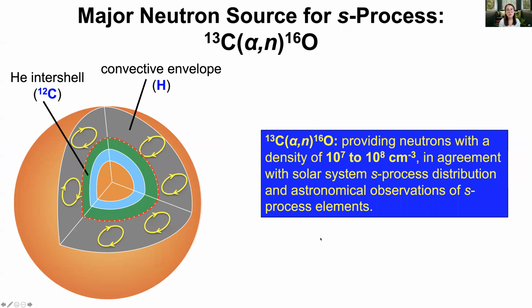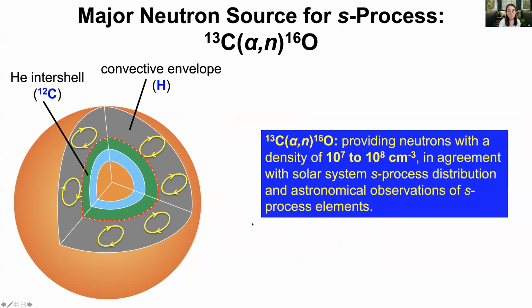So far, we have seen that the s-process theory is very solid and sound. However, modeling the s-process in AGB stars has been quite a scientific challenge. We know the major neutron source for the s-process should be the carbon-13 (alpha, n) reaction because its reaction rate at relevant AGB temperatures provides neutrons with the low densities required by the s-process.